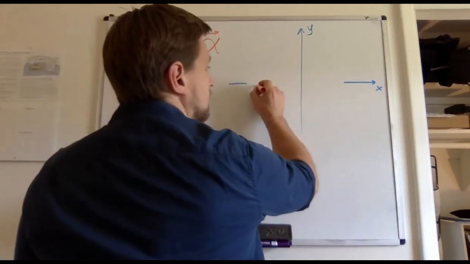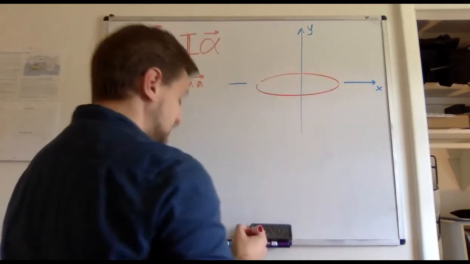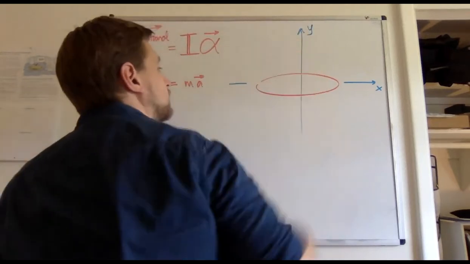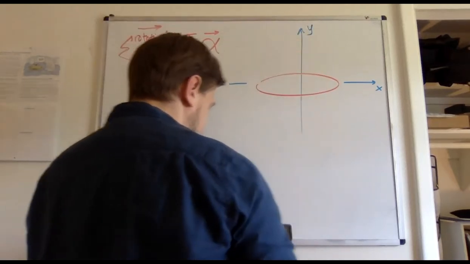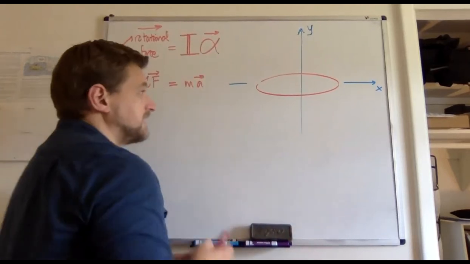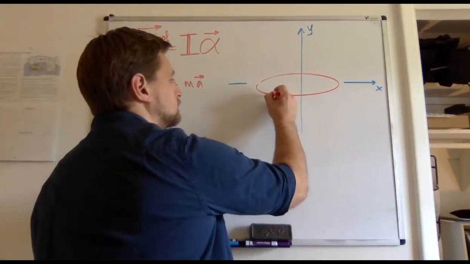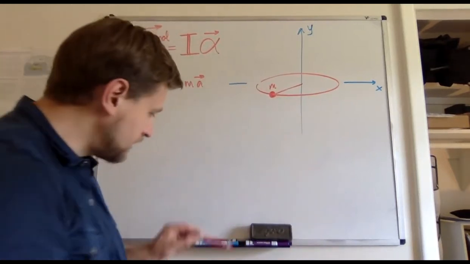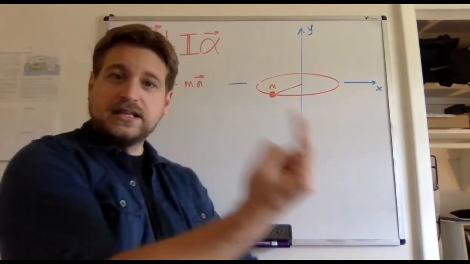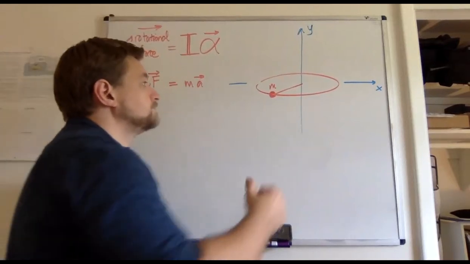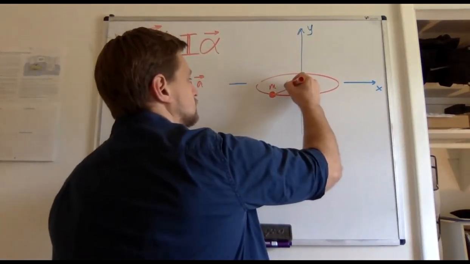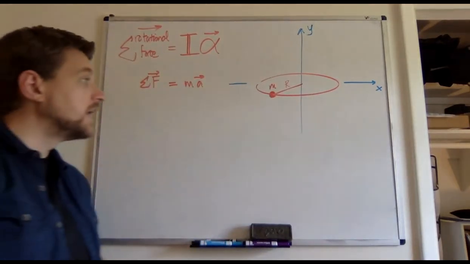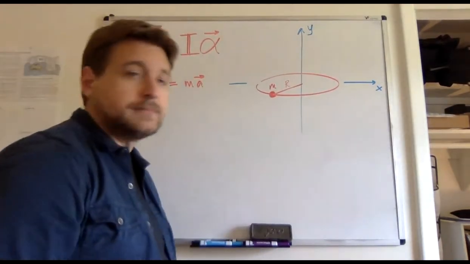In this case, it's the xz plane with the y-axis going through the middle of it. So imagine there is a single object m, maybe at the end of a string, spinning in a horizontal circle of radius r.